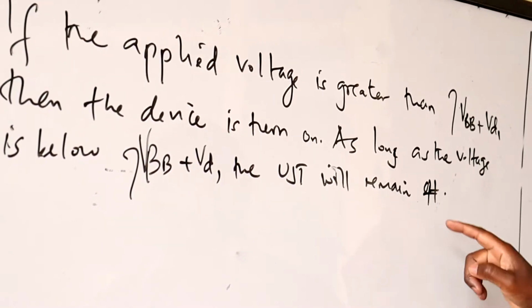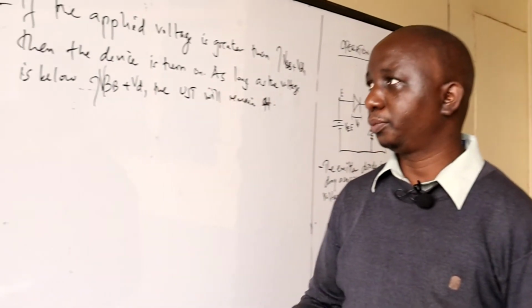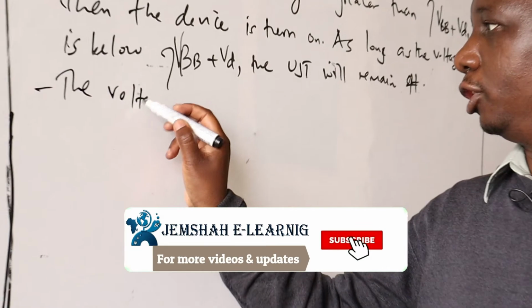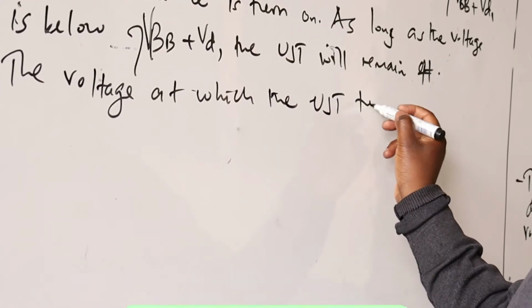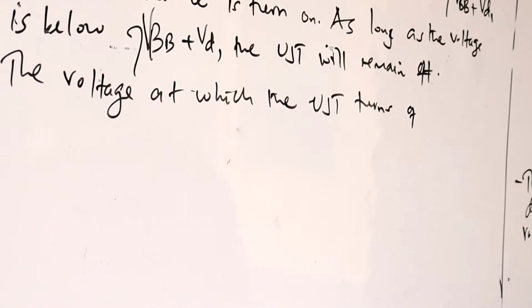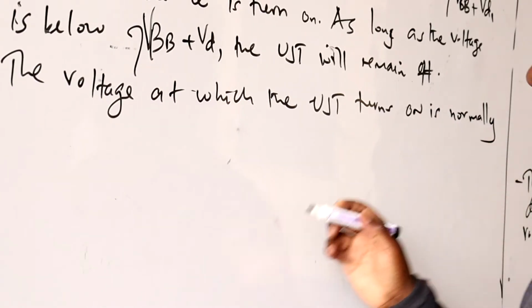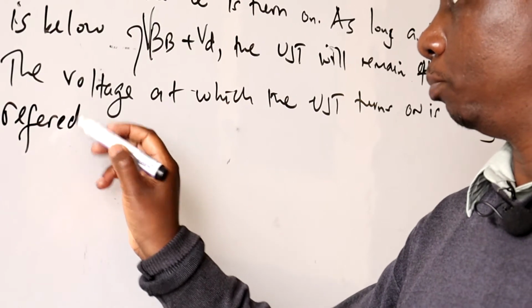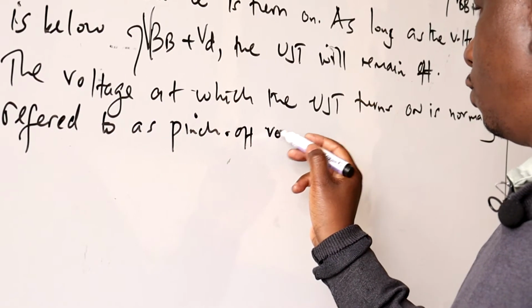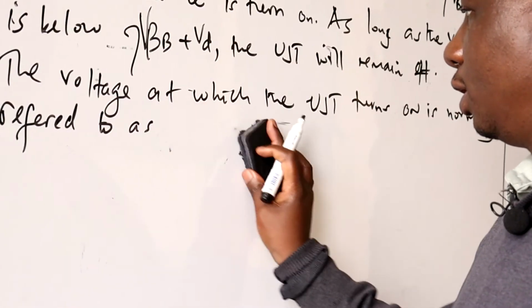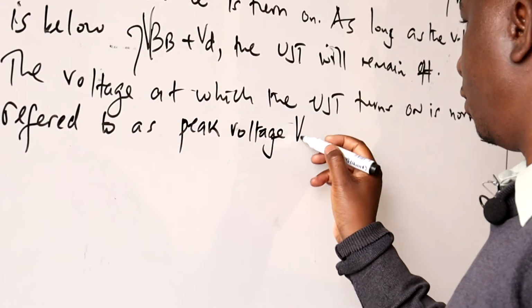So the voltage at which the UJT turns on is normally referred to as the peak voltage, VP.